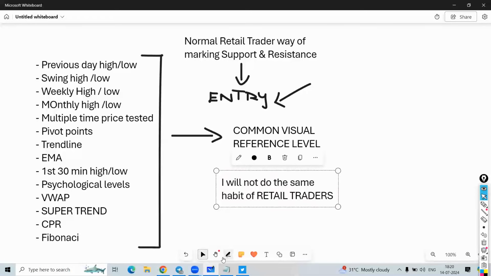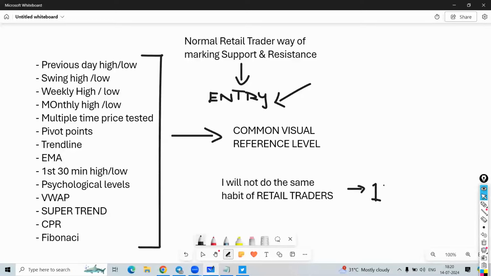That's my first goal as a trader. I will not take entry like the same habit of retail traders. This might be new to a few traders, but that is what I do. Why? Quickly, I'll let you know why.